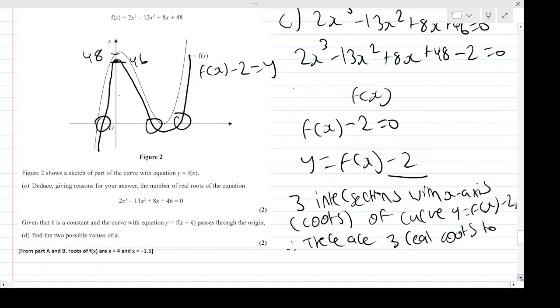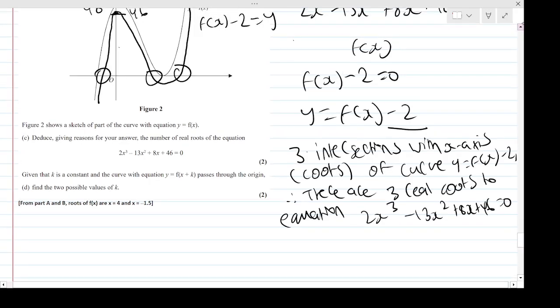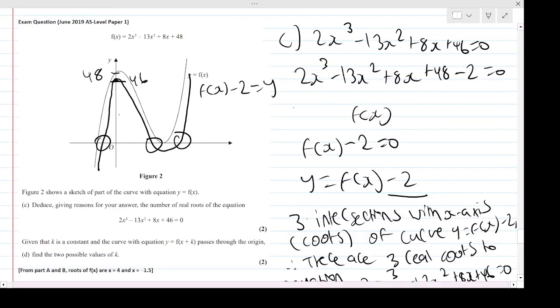So therefore, there are 3 real roots to the equation 2x cubed minus 13x squared plus 8x plus 46 equals 0. Okay, because remember this equation, as we've done up here, is the exact same as this equation if I substitute f of x in, and that is the same as this curve here, so I've done nothing wrong there. So it's all above board.